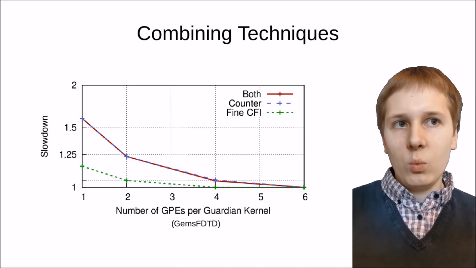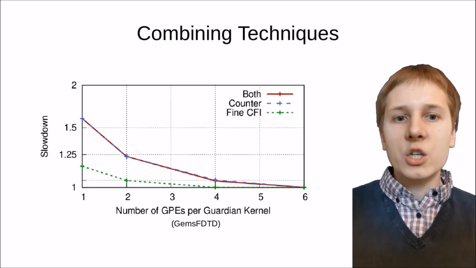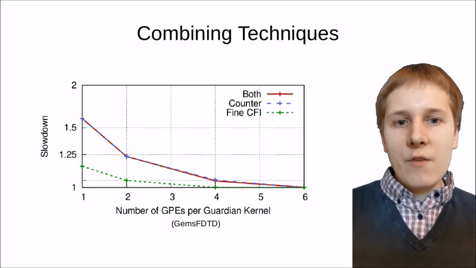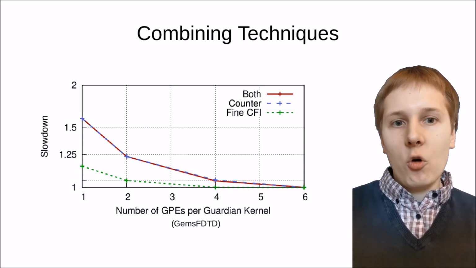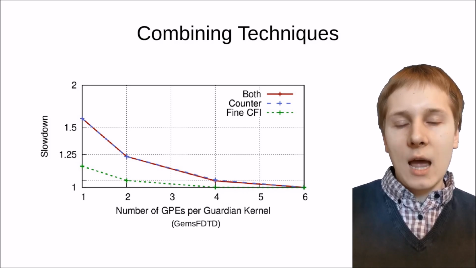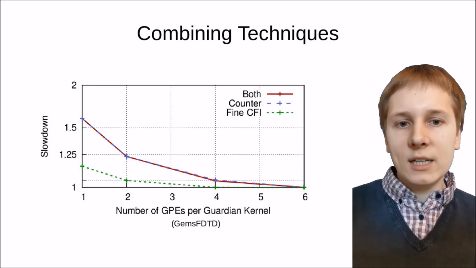This is because when a Guardian kernel does cause slowdowns, it causes the main core to slow down and therefore generate fewer events. Therefore, the other Guardian kernels have less work to do. Therefore, you can run lots of Guardian kernels at the same time without causing lots and lots of overhead from their combination.